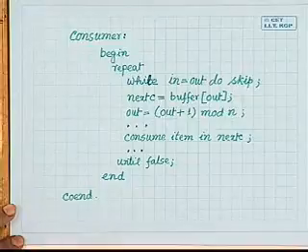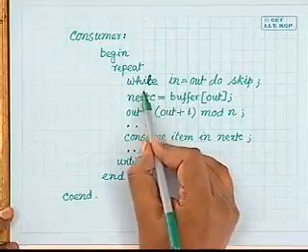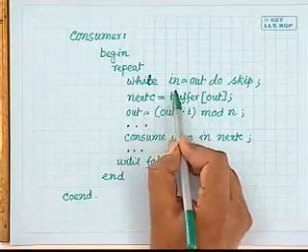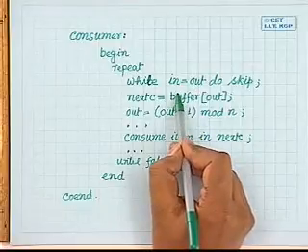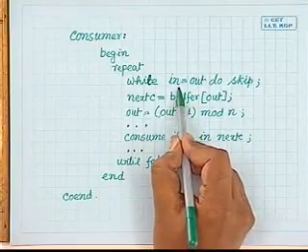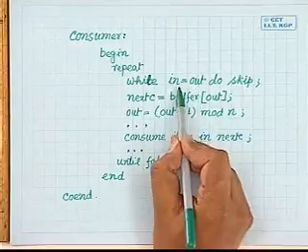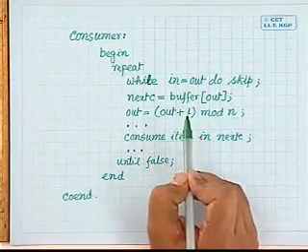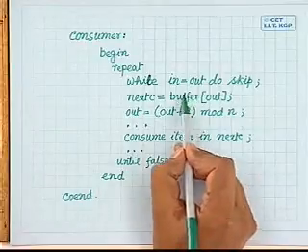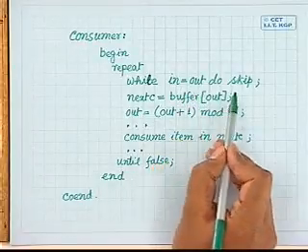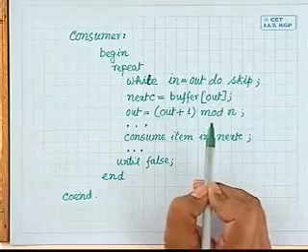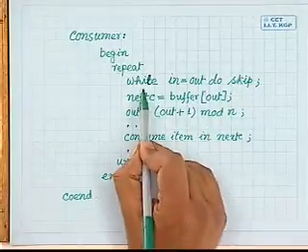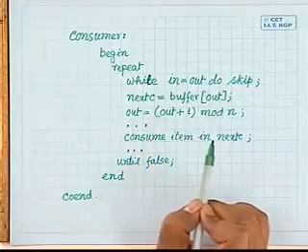In the consumer process, again it checks whether in is equal to out or not. If in is equal to out, that is the condition that the buffer is empty. When the buffer is empty, obviously there is no item in the buffer which the consumer can consume, so the consumer process will wait in this while loop.